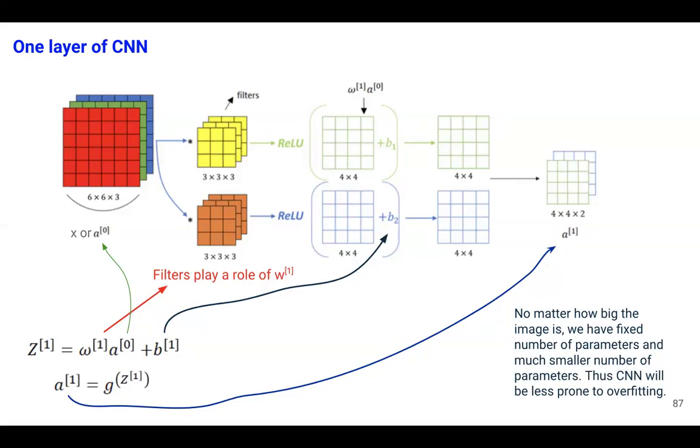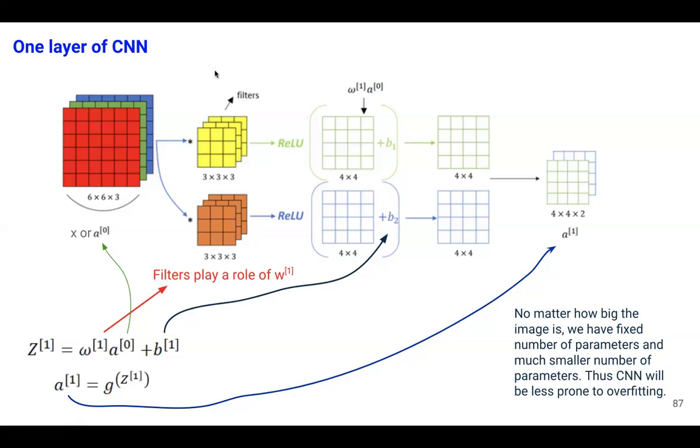If you are working on a problem where you are inputting just some variables and not images, then you can decide how many variables you will use as input, say 100 variables. But for a high resolution image, it very easily can go up to thousands or even hundreds of thousands of input features. Then W1, and WL in general, will scale accordingly.